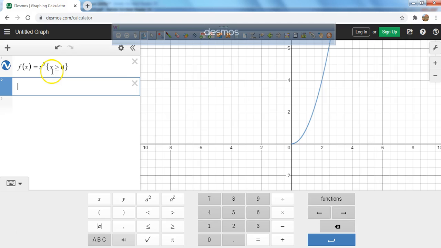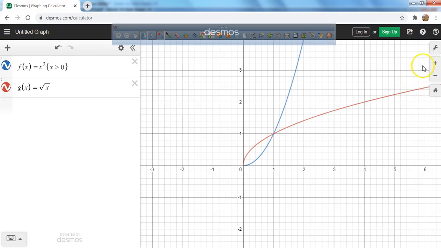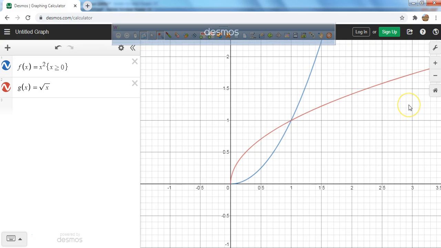If we're only doing x greater than or equal to 0, then I can create the inverse, which would actually be, I'm going to put g of x equals the square root of x. And then if I zoom in, hopefully you guys can see that they are inverted.